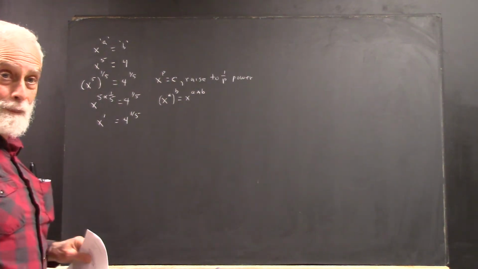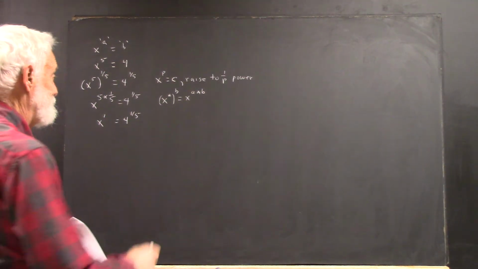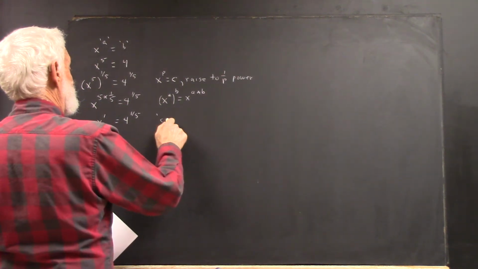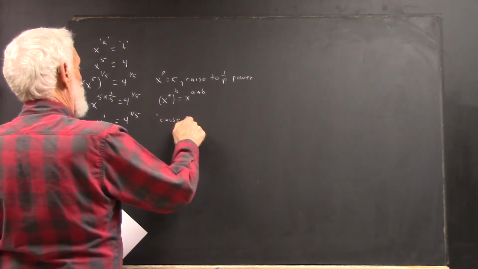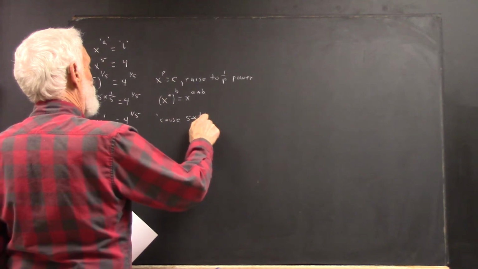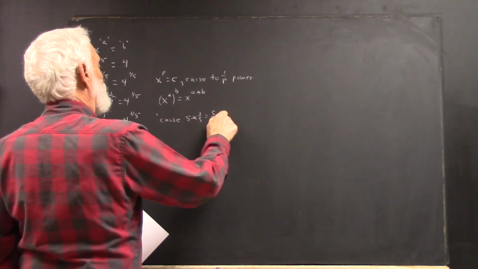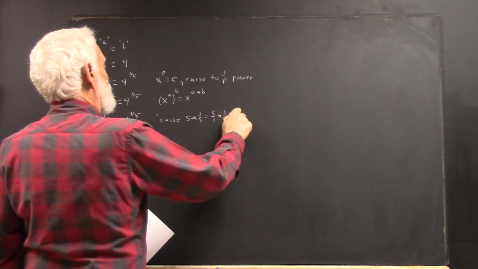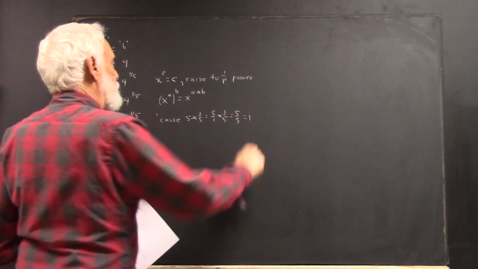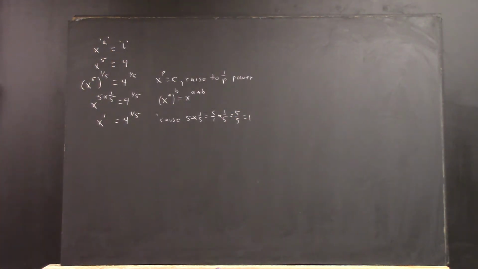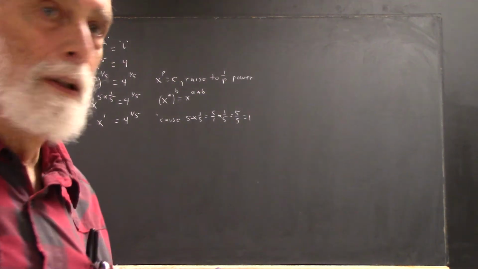Why is that? Because 5 times 1/5 equals 5 over 1 times 1 over 5 equals 5 over 5, which equals 1. I want you to write that out because people are bad with fractions.